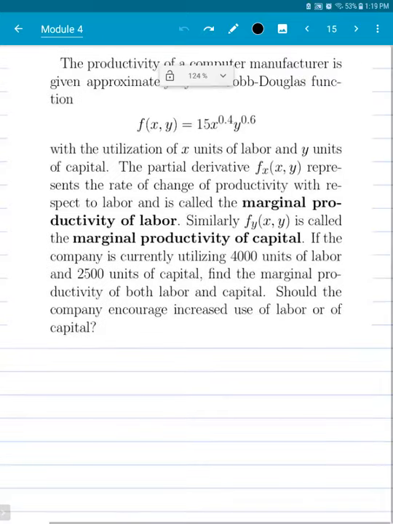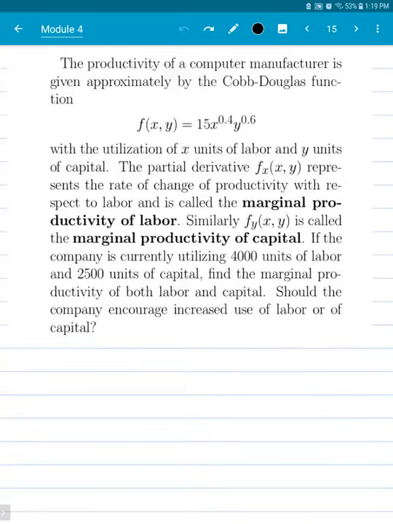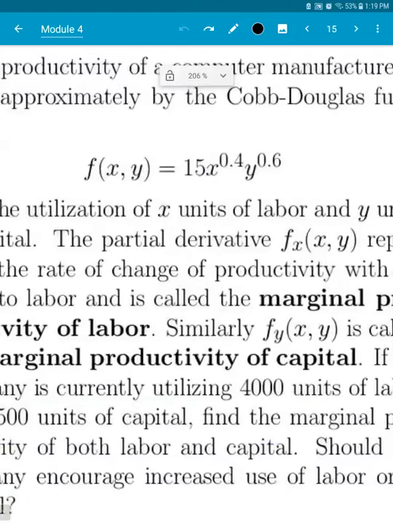We need to get the partial derivatives. Now, if we differentiate with respect to x here, y is treated as constant. So all we have to do is really differentiate it. And with the power rule, you just have to bring down the power and subtract 1.